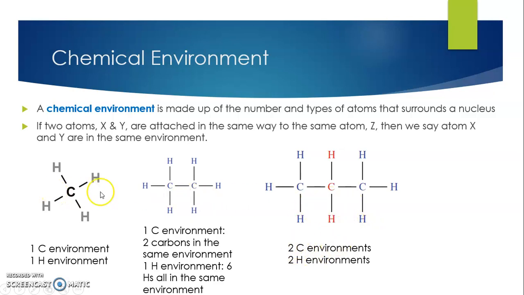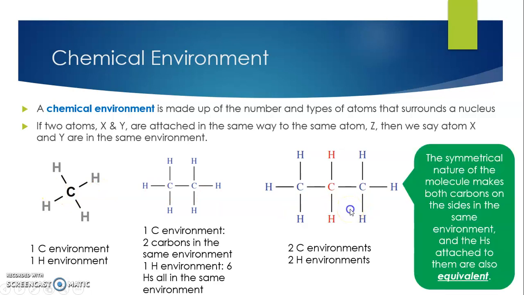So from these three examples, you should be able to see that sometimes the symmetrical nature of a molecule makes the number of environments less. The symmetrical nature of this particular molecule, for example, makes both carbons on the sides in the same environment.